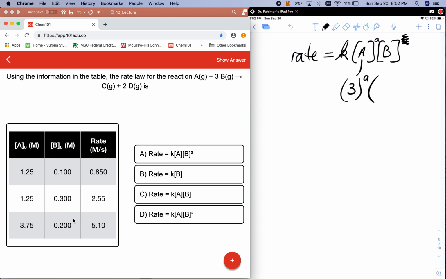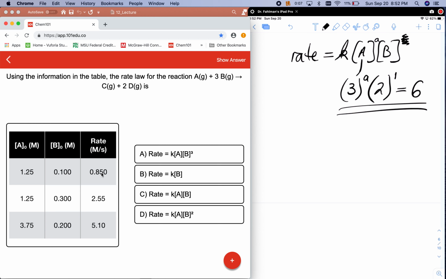B is going up by a factor of 2, from 0.1 to 0.2, and we already know that is first order. Then look at what happens to the rate: 5.1 divided by 0.85 is a factor of 6.